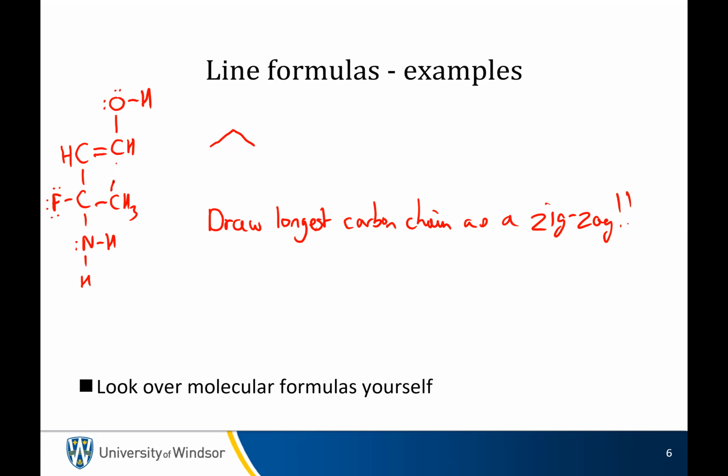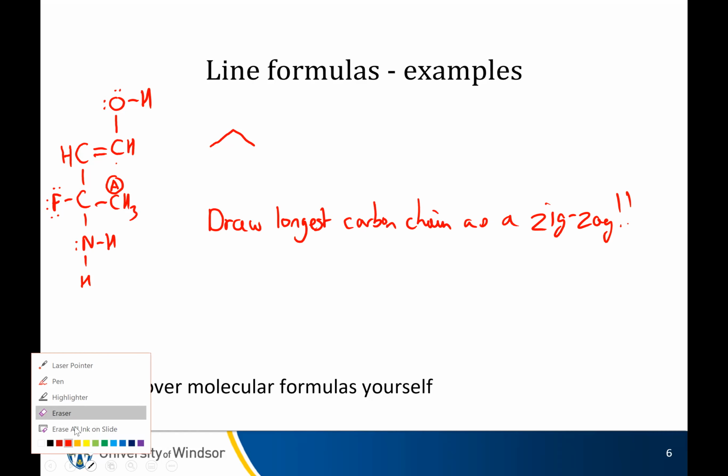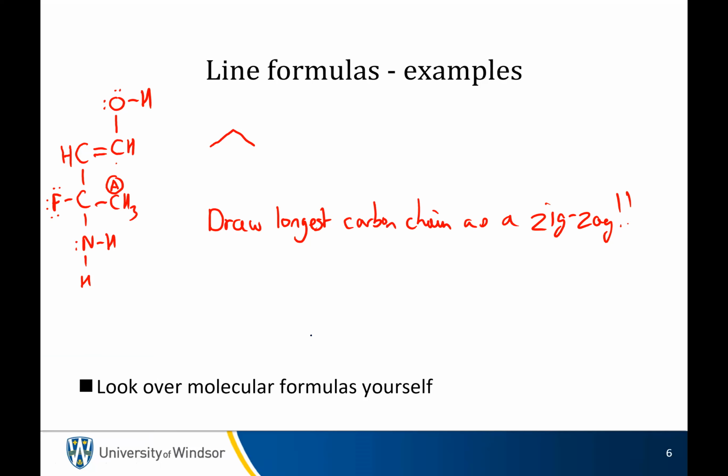So if I label these, I've learned my lesson: I have to click with my mouse to change my color. And then I click a color. I don't like blue. It reminds me of an institution down in 401. So if we do that, I draw my carbon chains.